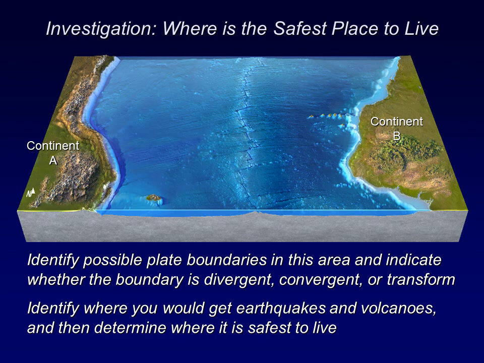If you look over to continent A, I see something kind of alarming. It's this deep trench, so I know there's subduction there. And I see very high mountains. So high mountains right near a subduction zone is a big red flag to me, because that tells me I've got volcanism going on here.